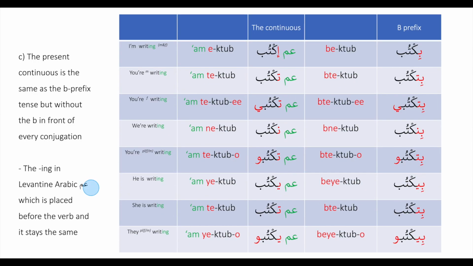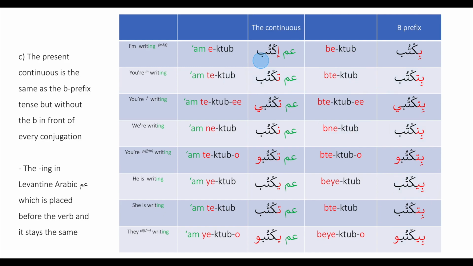Let's have a look at the conjugation. On this side, you see the be prefix conjugation, which is بكتب, بتكتب, بتكتبي, بنكتب, بتكتبوا, بيكتب, بتكتب, بيكتبوا. And that's the be prefix present tense. On the other side, we've got the present continuous. As I mentioned, the present continuous is absolutely the same as the be prefix, but without the ba.